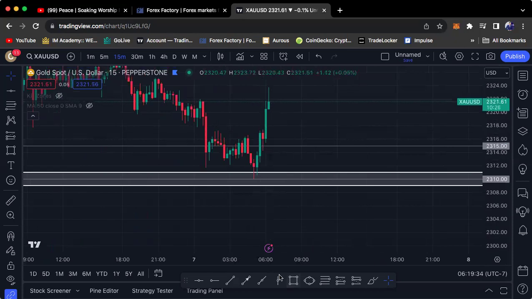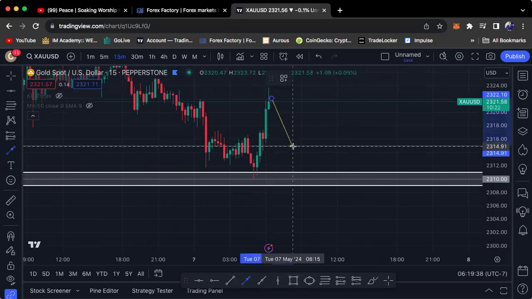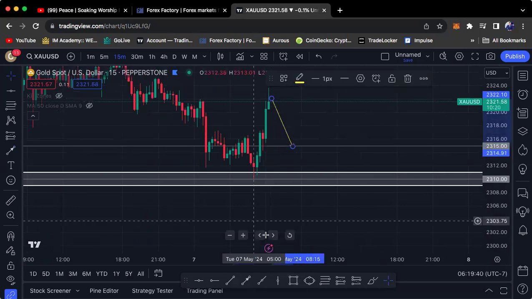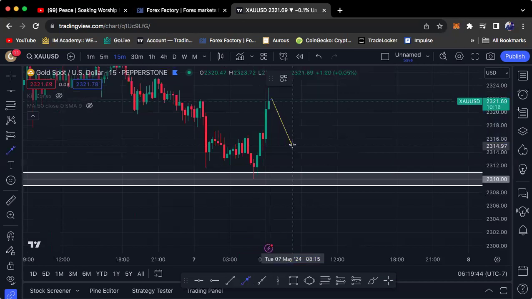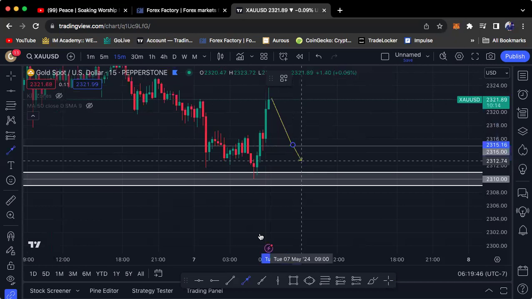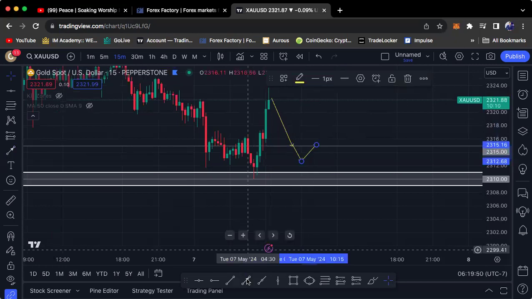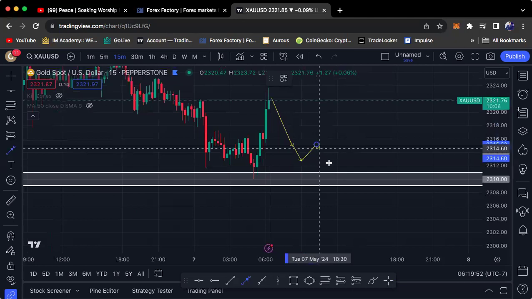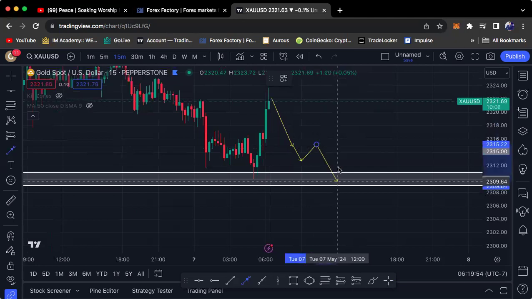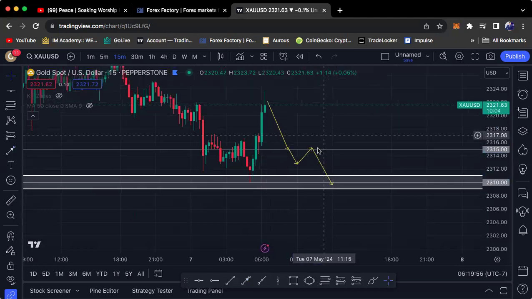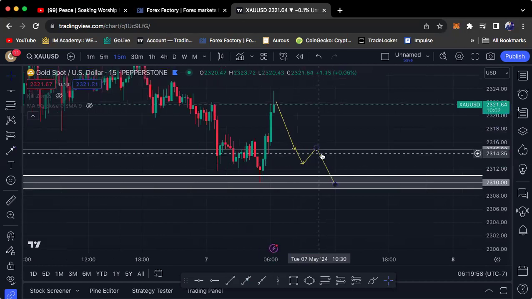Now I'm waiting for it to go like this. It may trend down and finally break, and you can scalp it. You can scalp this move right here. Catch 50 pips towards the downside.